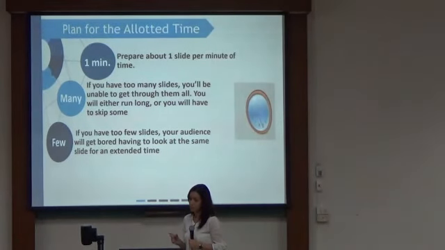If you have very limited time and there are many slides, you will be unable to get through them all, and you sometimes have to skip some slides. So the audience may not understand the key points of your study. If it is too few, for example, you have 30 minutes and 3 slides, the audience will get bored seeing the same slides. Okay.